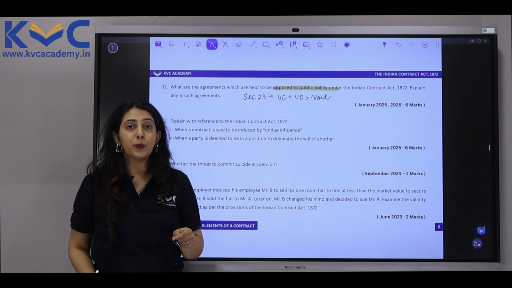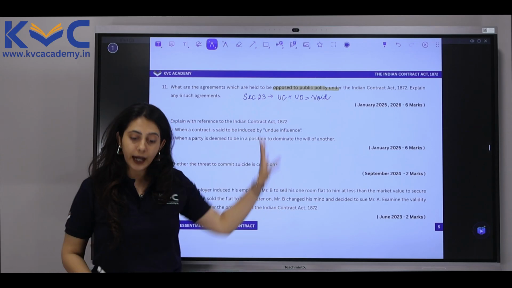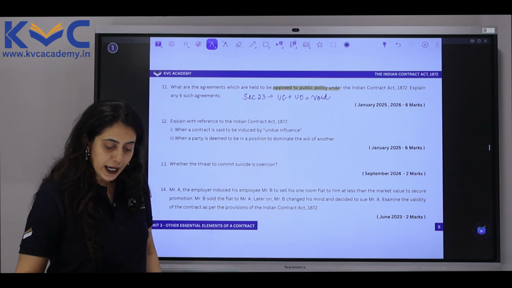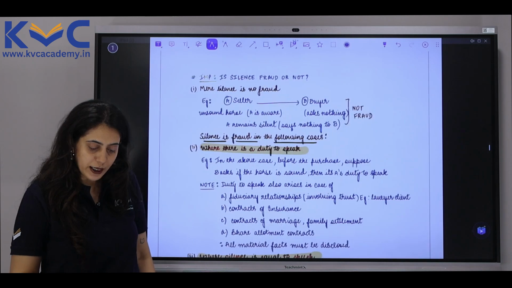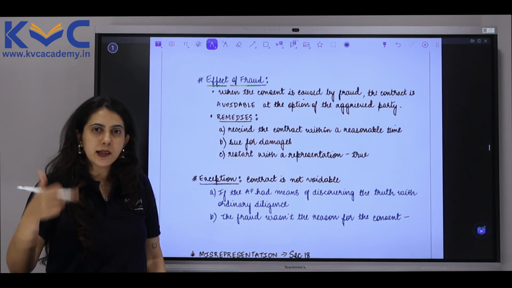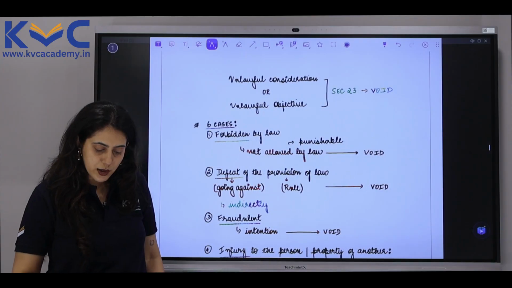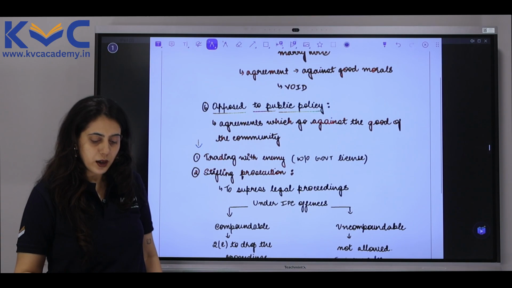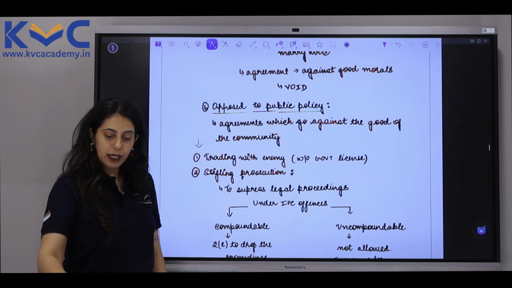Now, under the last point, we had a list of other cases which are opposed to public policy, right? This question is attacking you on that topic. I'll just show you at glance. Trading with enemy, stifling prosecution, champerty, maintenance, we are talking about those cases, okay? See here. Agreements which are opposed to public policy, we have the entire list.